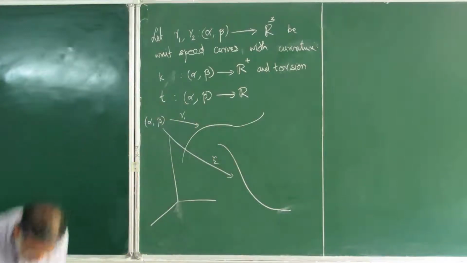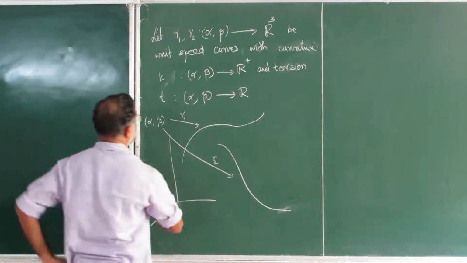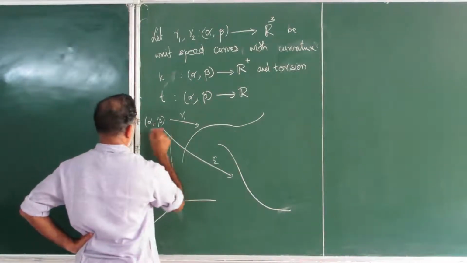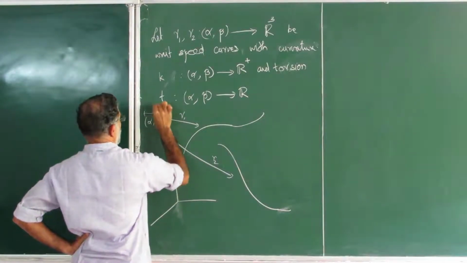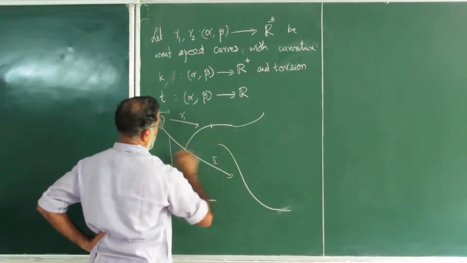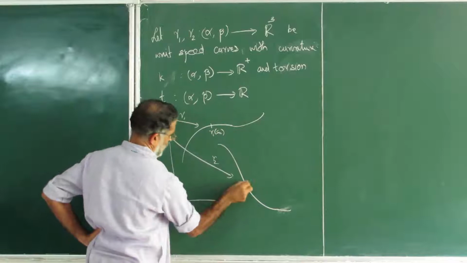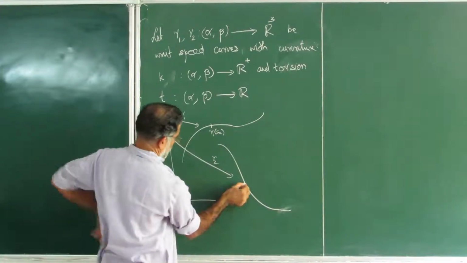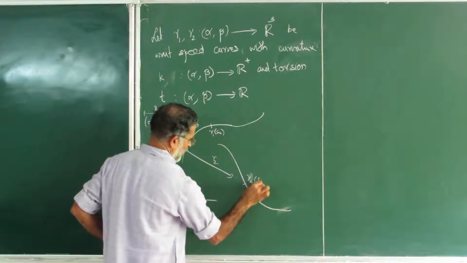Let us fix a point somewhere here in the interval. We call it S0. And S0 will have an image here, gamma 1 S0, and somewhere similar, gamma 2 S0.